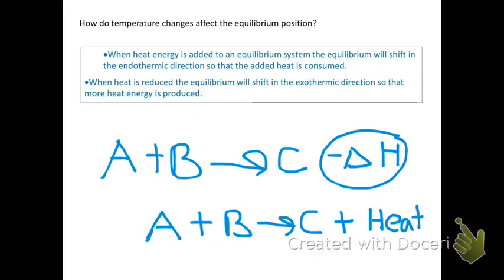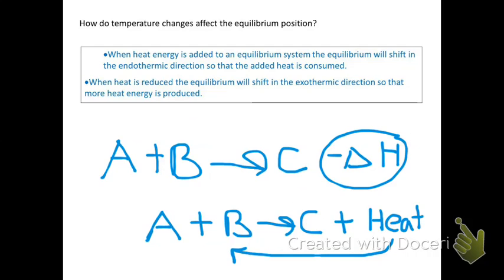Alright? So let's say that I add more heat energy. Well, according to Le Chatelier, if I add more heat energy, then the reaction is going to shift in a way to reduce the heat energy. And so that means that by adding heat energy, the reaction should shift towards the reactant side to reduce that amount of heat energy. So the equilibrium will shift towards the reactant side, which is the endothermic direction.